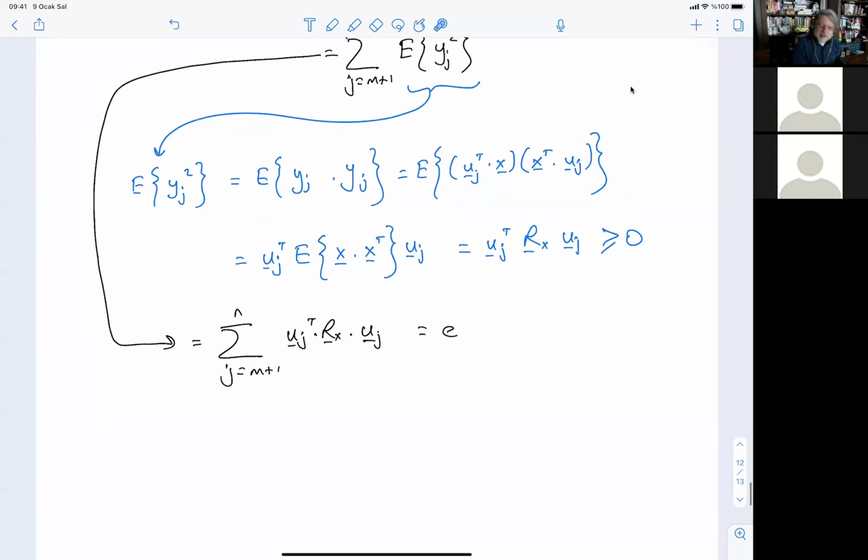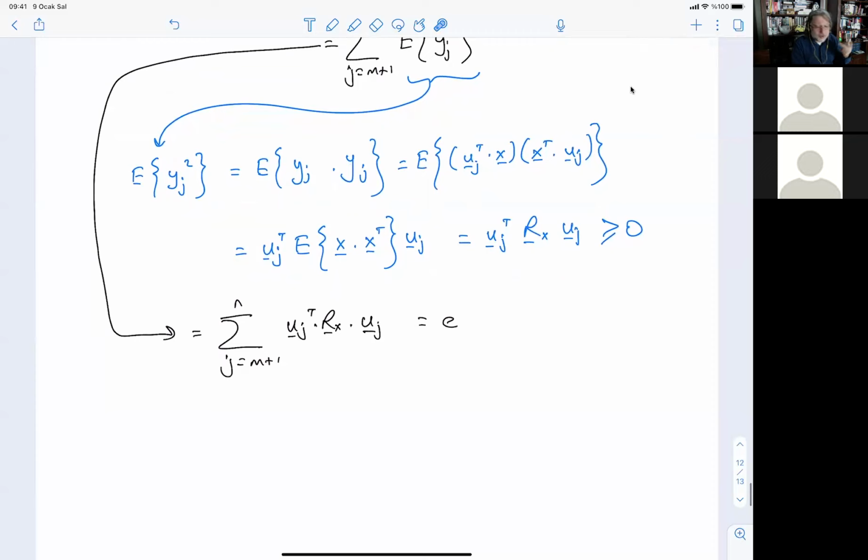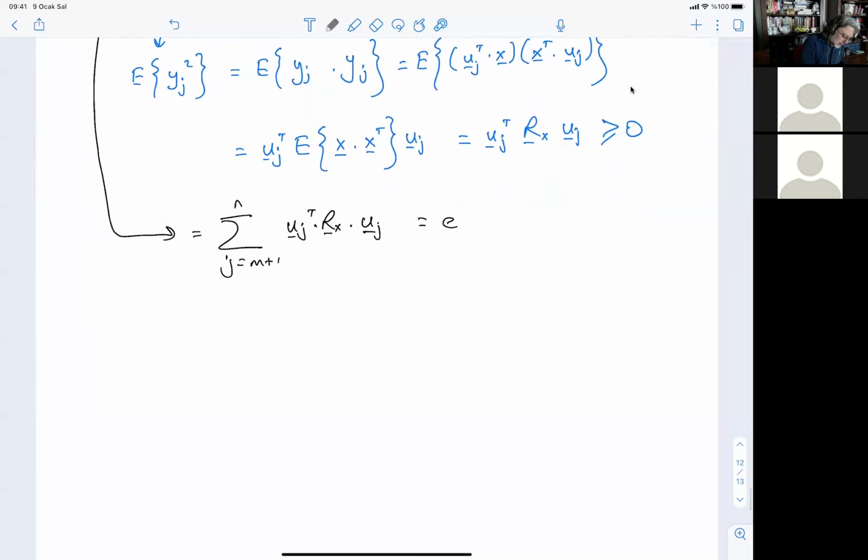And the mistake that we made is to ignore the constraint. So we have to take the derivative of this term with respect to uj and equate to 0, with the condition that, or subject to, the fact that the uj norm must be equal to 1 for all j values ranging from m plus 1 to n.